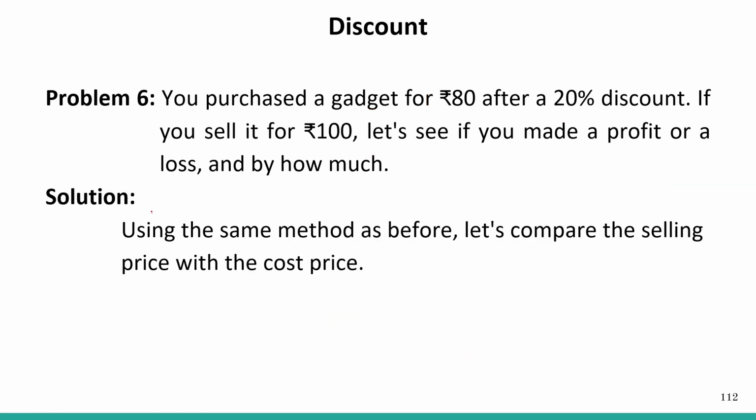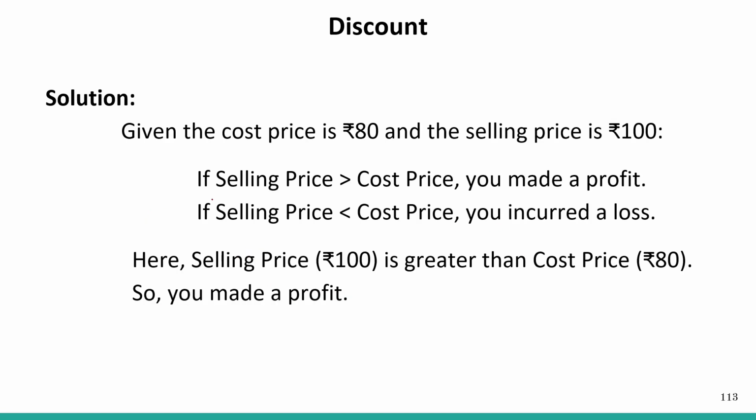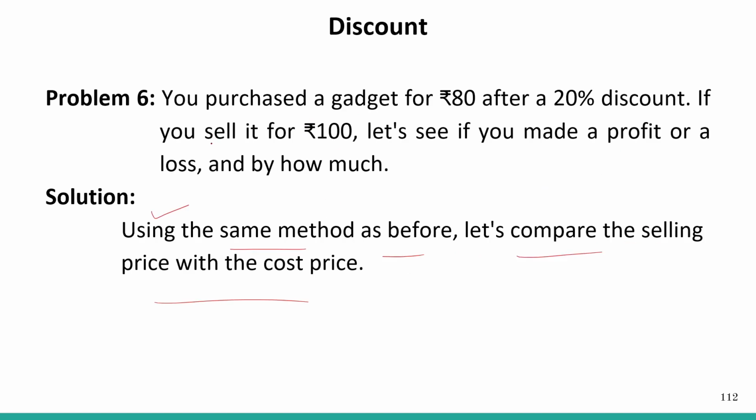So let's see the step-by-step solution. So using the same method as before, let's compare the selling price with the cost price. So given the cost price is 80 and the selling price is 100. So if selling price is greater than cost price, you made a profit, and if selling price is less than cost price, you incurred a loss. Okay, so selling price is 100, that is greater than the cost price, so you made a profit. But if I sell it for 100, I won't make any profit because the original cost price is also 100.